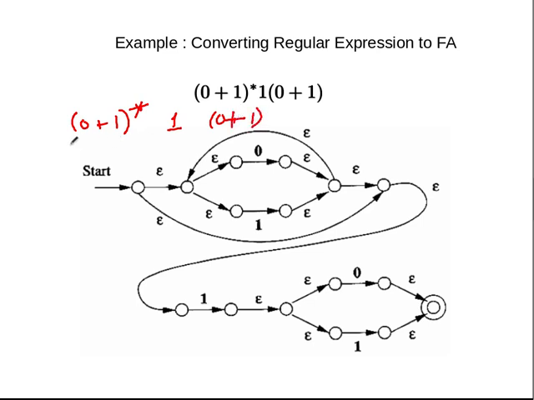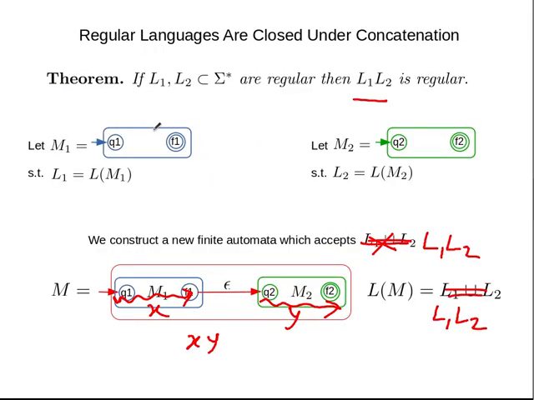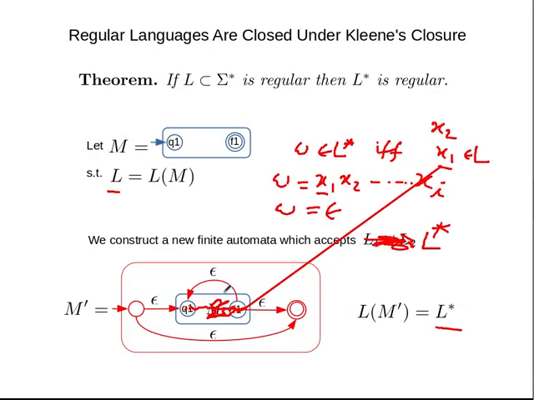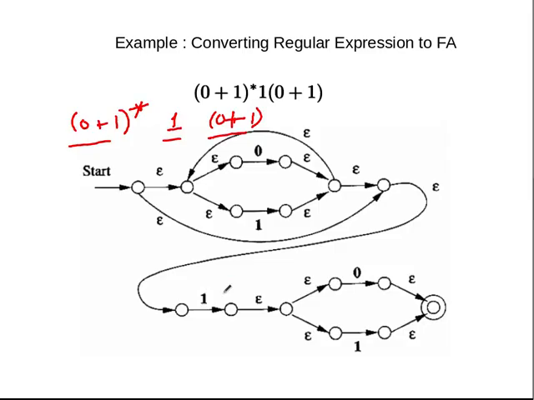So if you construct a machine for this and then this, then you can take the concatenation like we did in this proof, right? So if you have a machine for this and this, then you can just put an epsilon transition here. So this is what is happening here.